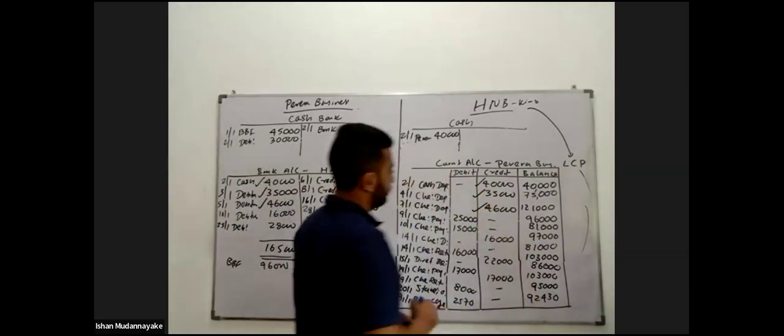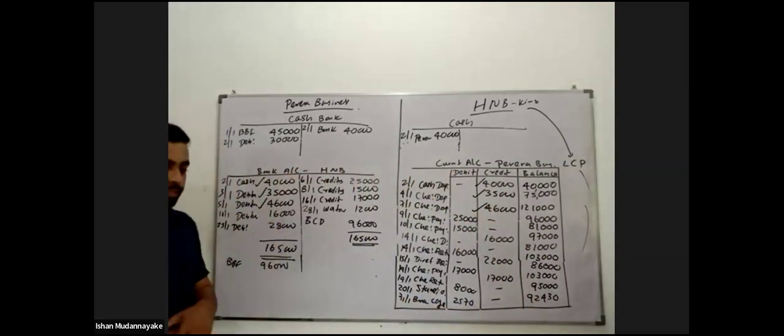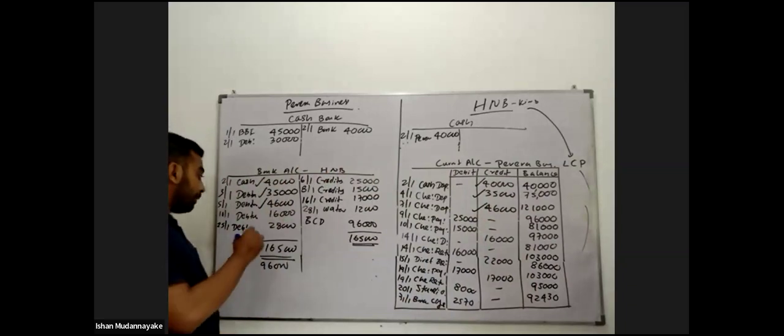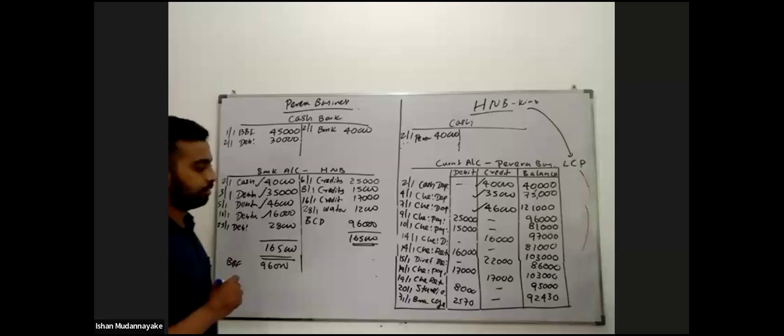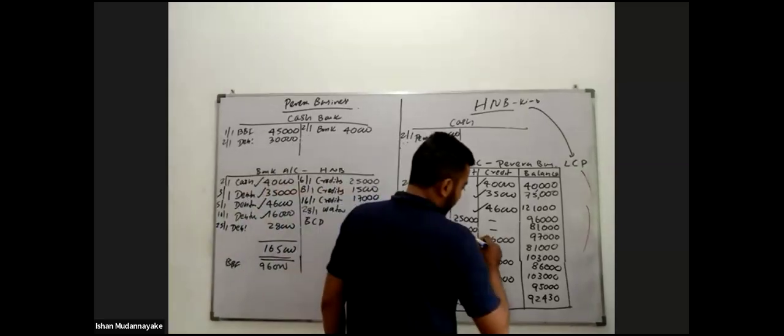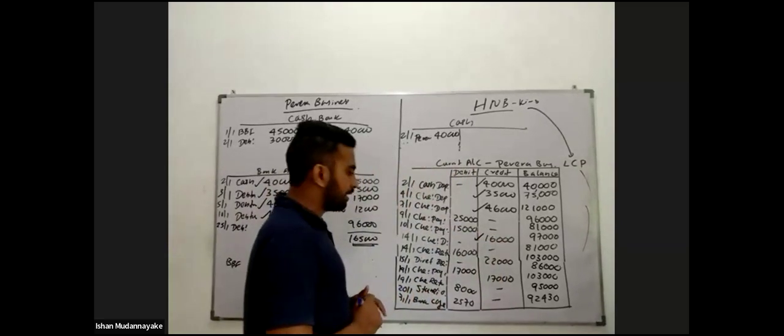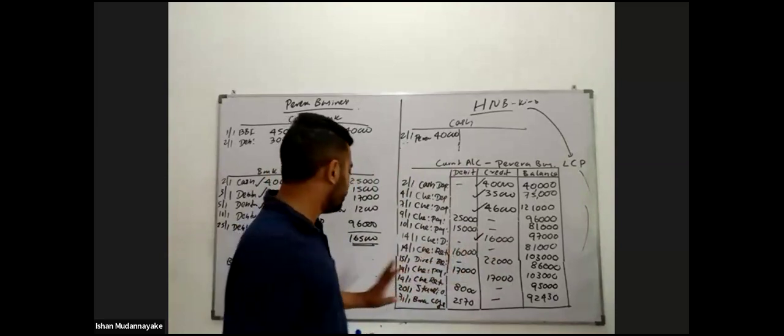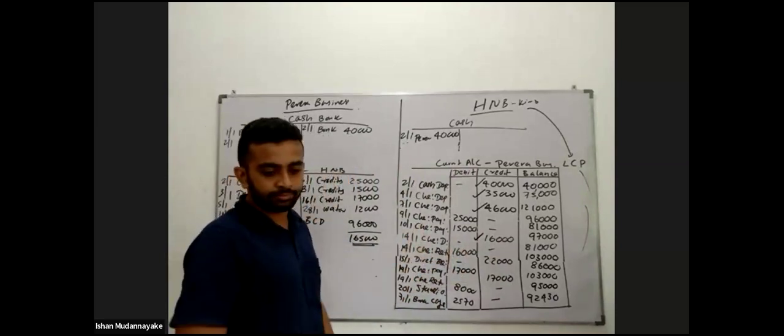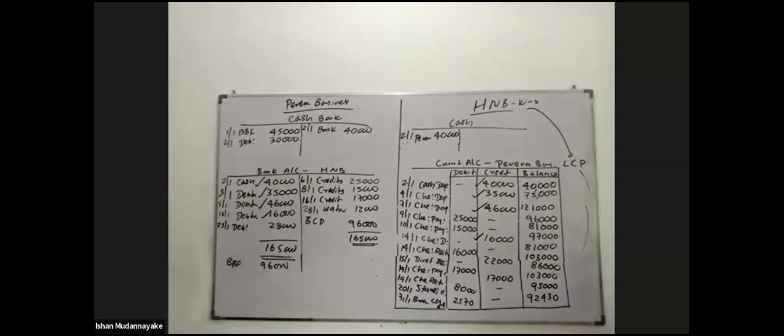Next one, you have debited a 16,000 check, and the bank has credited.